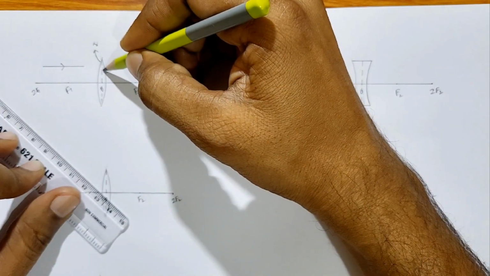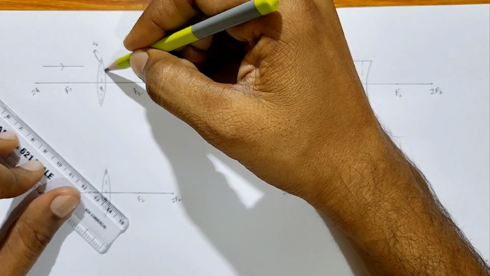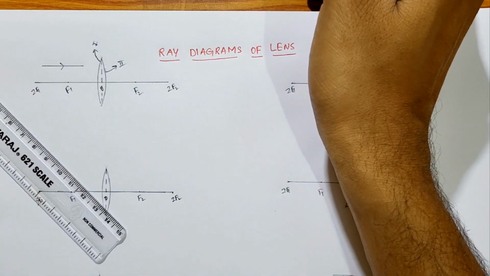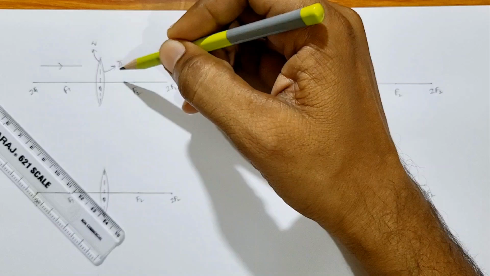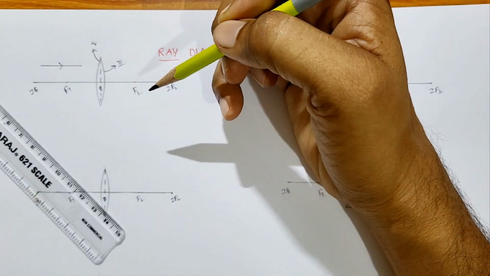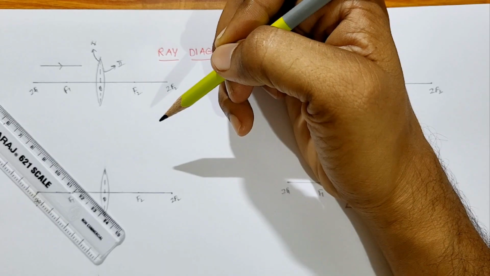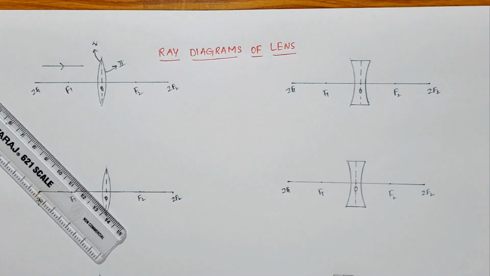And on the second surface again refraction will happen and again it will bend. After bending, if we apply Snell's law of refraction using the angles formed here, we will automatically get the refracted light ray passing through the focus on the other side of the lens.